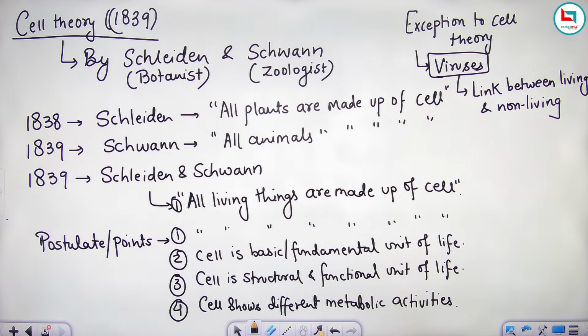So you will not find any kind of cell organelles like mitochondria, ribosome, plasma membrane, Golgi bodies. These types of cellular organelles are not seen inside the viruses. Is that clear?